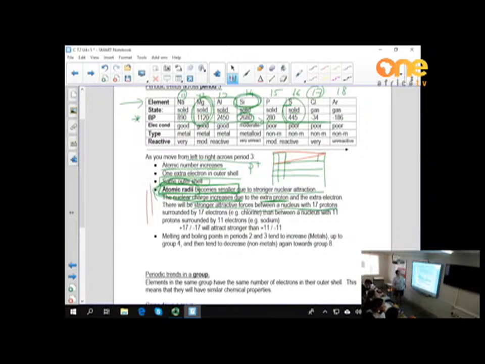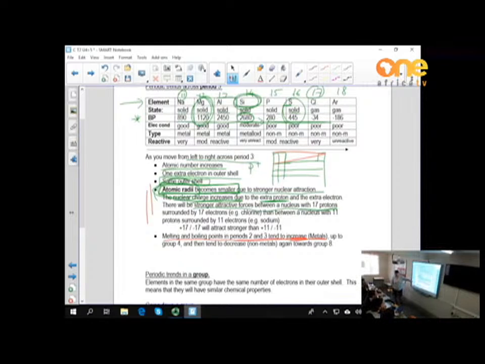They say there's another trend in melting and boiling point. They say melting and boiling points in periods 2 and 3. So here we have period 3, tend to increase among the metals. Okay, so the more protons there are, the stronger the Coulomb forces. So the higher we find the melting and boiling points for metals.